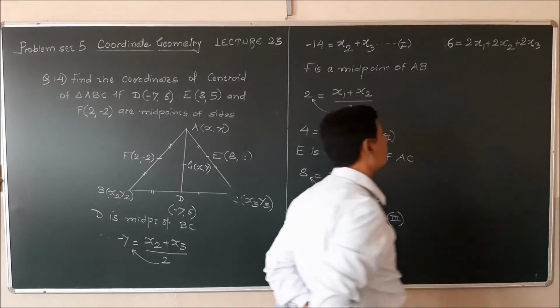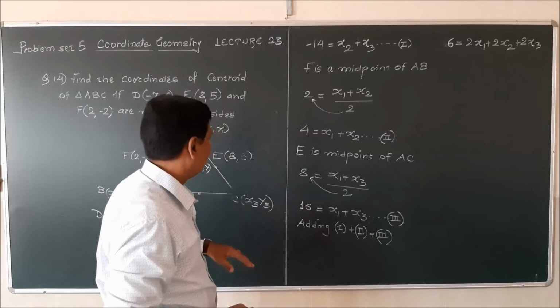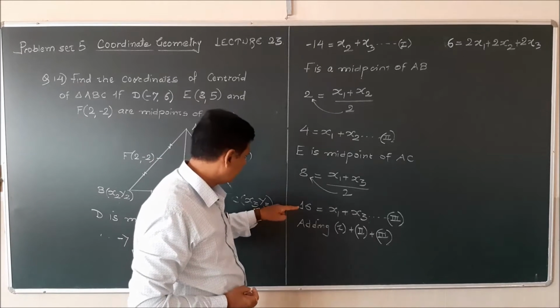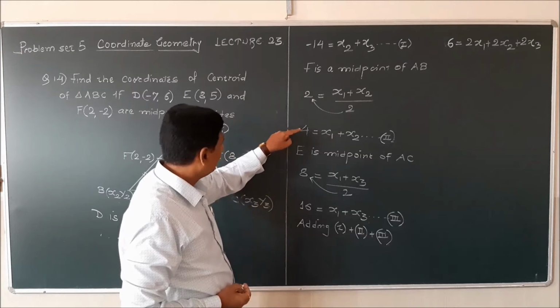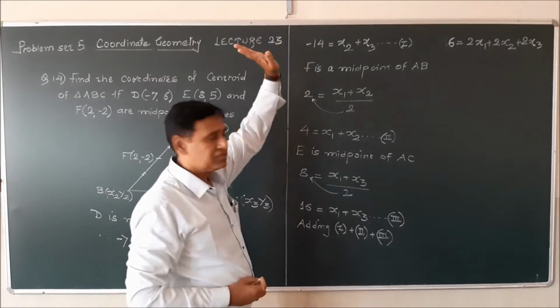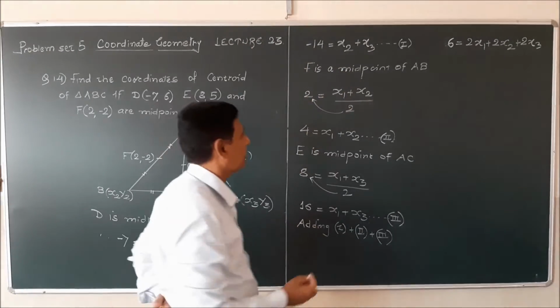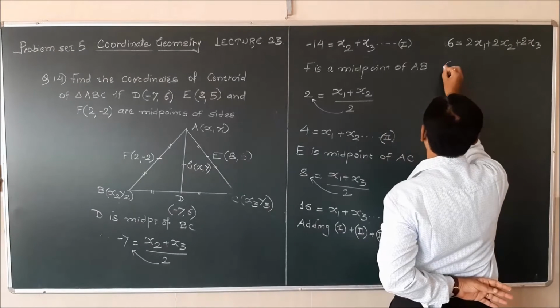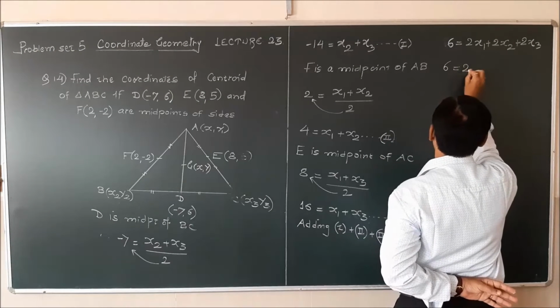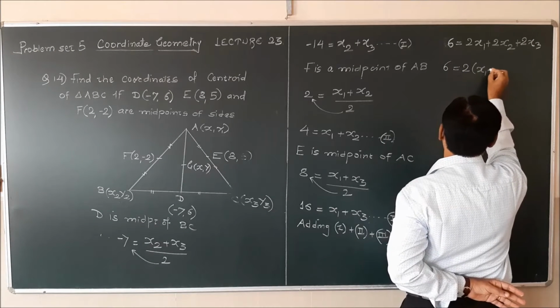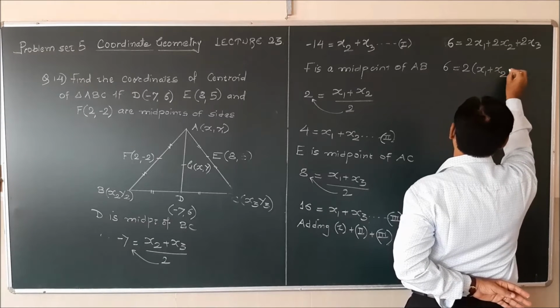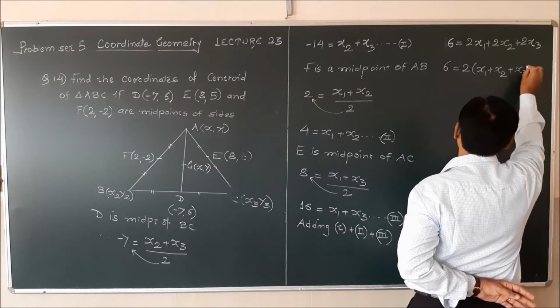2x1 plus 2x2 plus 2x3, and the left hand side I have already explained: 16 for 20 minus 40, so this is how we got 6. So 6 is equal to, taking 2 as common, x1 plus x2 plus x3.